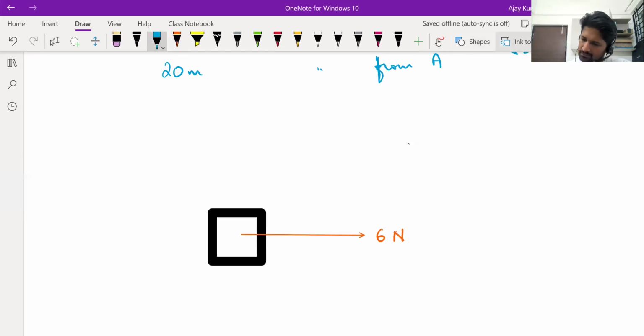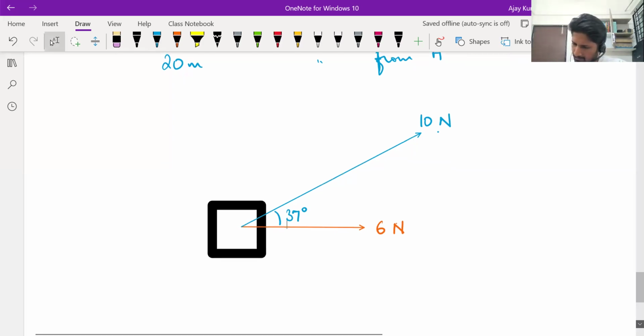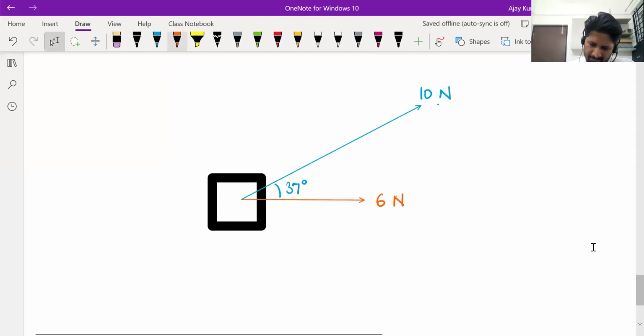Then another force, 10 newtons, and it makes an angle 37 degrees with this 6 Newton force. Okay. Fine. And another force.